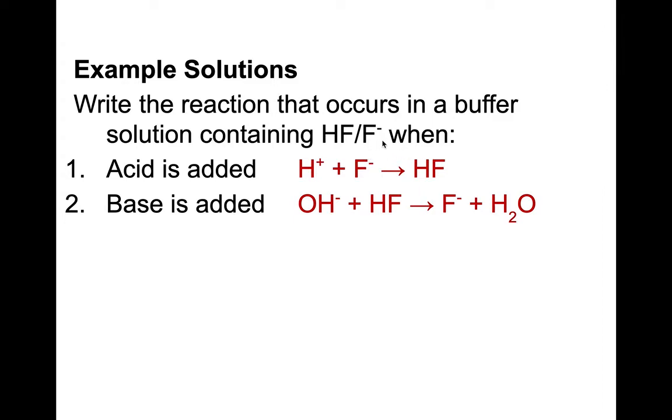So our buffer solution is preventing a change in pH. When a base is added, it reacts with the hydrofluoric acid compound to make more of the conjugate base and water. So again, instead of the hydroxide ion going towards changing the pH, it's reacting with our buffer solution.